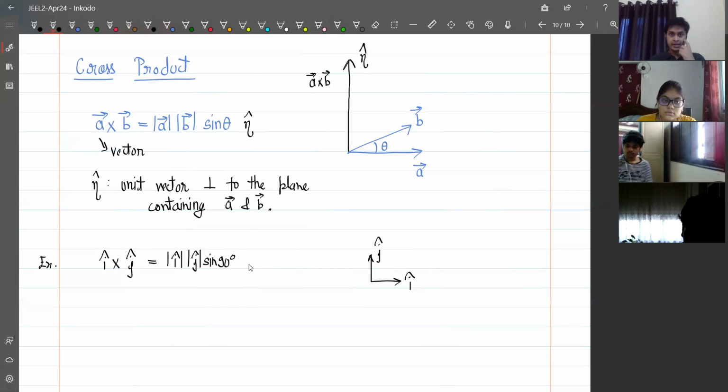And I want a vector perpendicular to I and J. That will be K cap, so the value of eta cap will be K cap. So this will be 1 into 1 into 1 into K cap. So I can write that I cross J is equal to K cap.